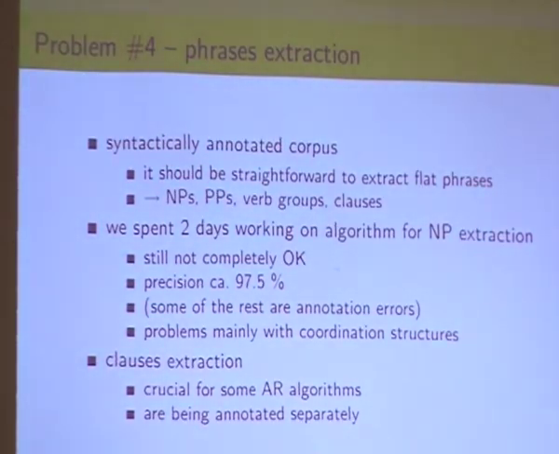We found out that it is not easy or straightforward. We spent 2 days working on an algorithm for extraction of noun phrases from dependency trees, such as in the Prague Dependency Treebank. The algorithm is still not completely okay, but we are kind of satisfied with it.